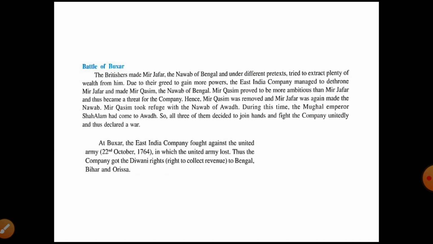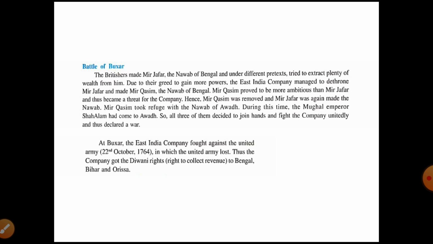Now next one, Battle of Buxar. The second one is the Battle of Buxar. The Britishers made Mir Jafar the Nawab of Bengal, and under different pretexts tried to extract plenty of wealth from him.